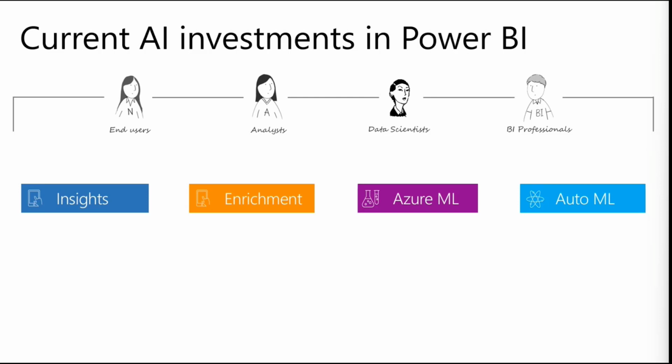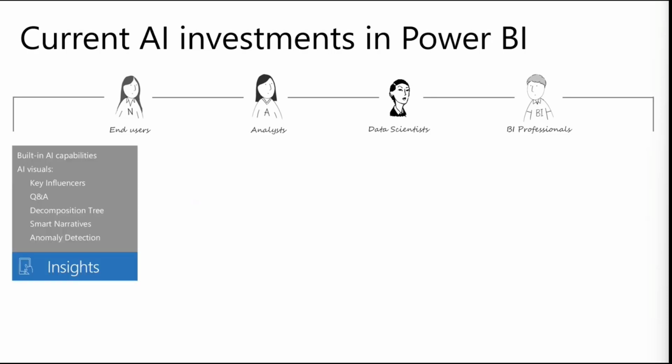Last but not least, if you would like to build custom machine learning models but you don't know how to code Python, Power BI service does give you an option to do automated machine learning as well. So without having to write a single line of code, you are able to build a custom machine learning model. All of these we'll demo today.